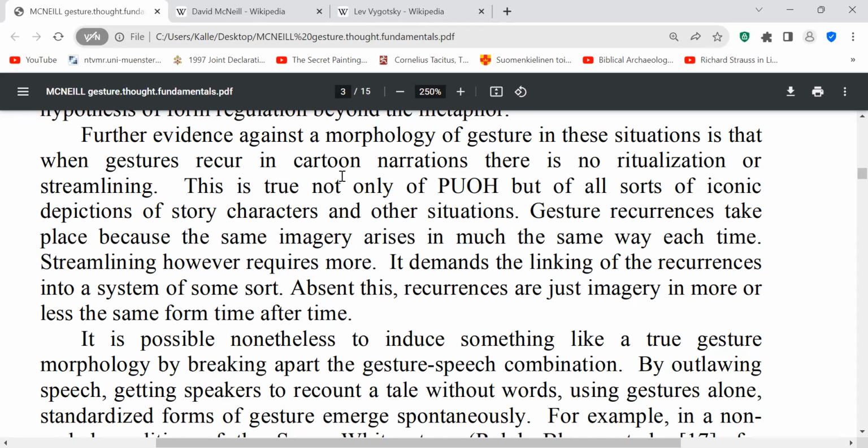This is true not only of the poi, but all sorts of iconic depiction of story characters and other situations. Gesture recurrences take place because the same imagery arises in much the same way each time.